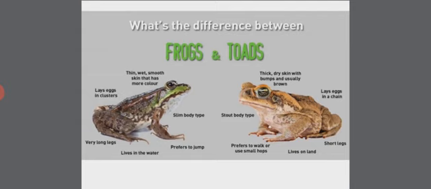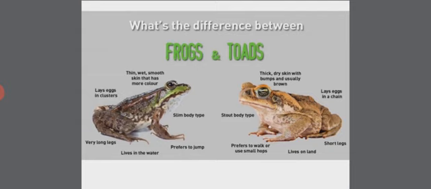Though it is not directly related to the syllabus, you should know about the differences between frogs and toads, the details of which are shown here, wherein frogs are having thin, wet and smooth type of skin that is more colorful, and it lays eggs in clusters, and it has very long legs, and it lives in water, and it prefers to jump or hop, and it has a slim body type.